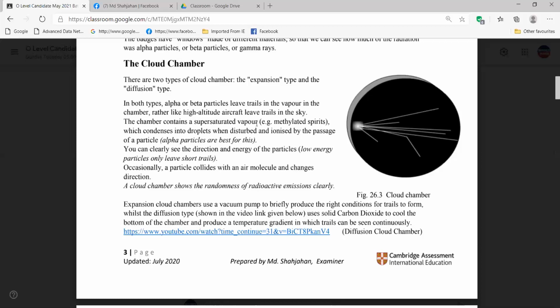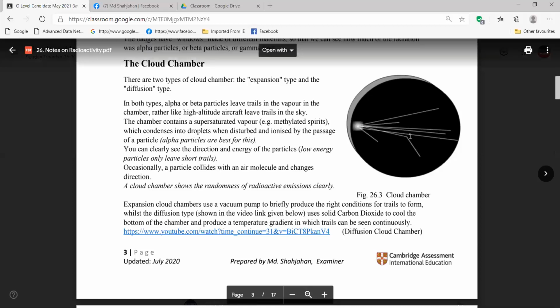Then no sweat from your body can be taken into the air. That time you feel your body is sticky with sweating. So that is happening in the supersaturated vapor, which condenses into droplets when disturbed and ionized by the passage of a particle, especially the mentioned alpha particles. So these lines are coming from the droplets.